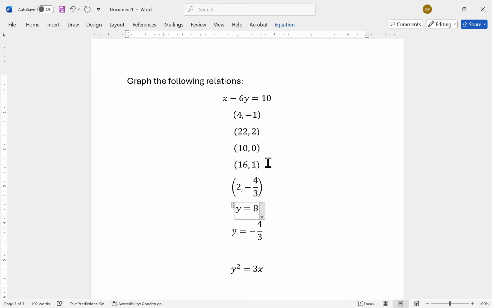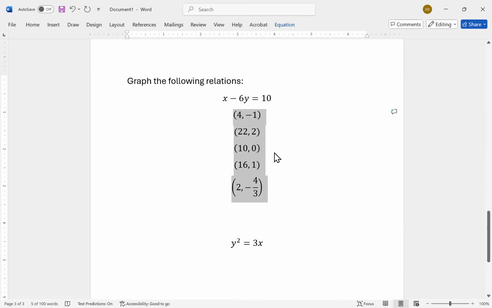And you could have plugged in whatever x values you want. So just plugging in an x value, solving for y, plugging in a y value, solving for x. You could do that as many times as you wanted and get as many points as you wanted. And then you plot those points on the Cartesian coordinate system and you'd establish a pattern.